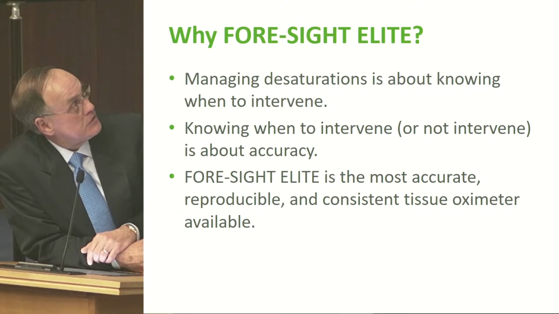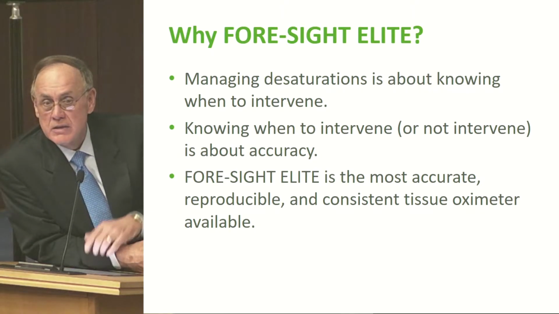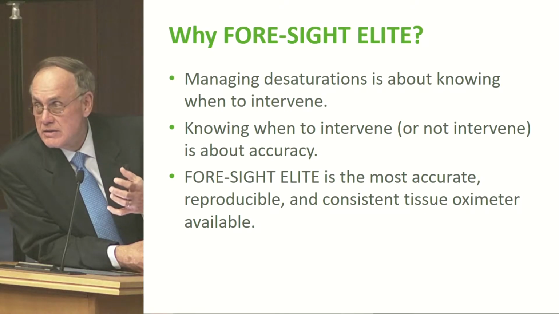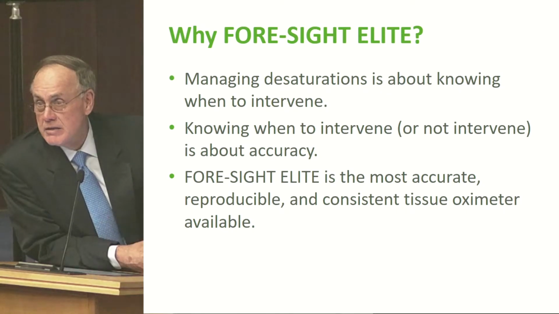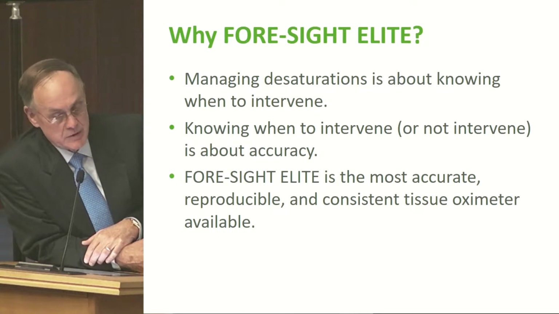And knowing when to intervene or not intervene is all about the accuracy of the monitor. A doctor can only make good clinical decisions based on good information from the monitor. The monitor doesn't improve the patient outcomes, it's the doctor's decisions and the treatment. So Foresight Elite is the most accurate, reproducible, and consistent tissue oximeter available.